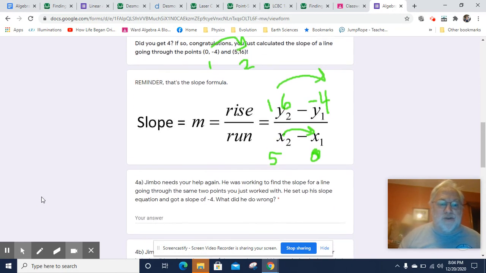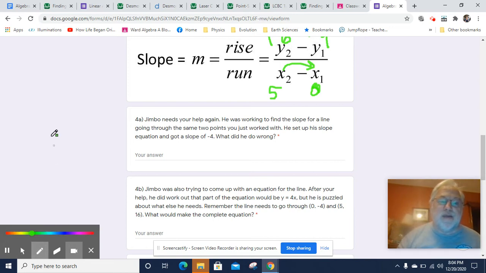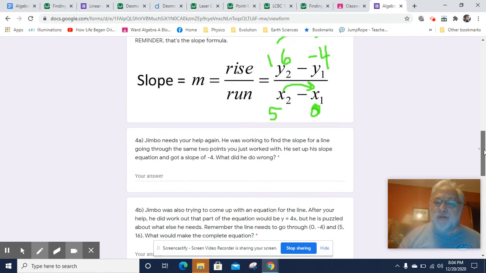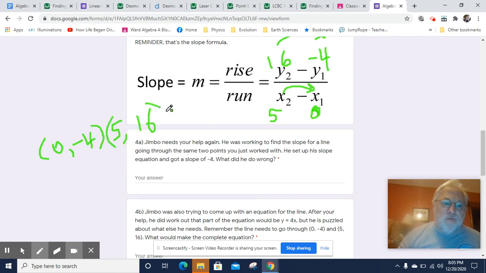Now, Jimbo has had it again, and he came up with a slope of -4, and I'll show you how he did it. He took the point (0, -4) and the other point (5, 16), and he went one way for the x's and the other way for the y's.